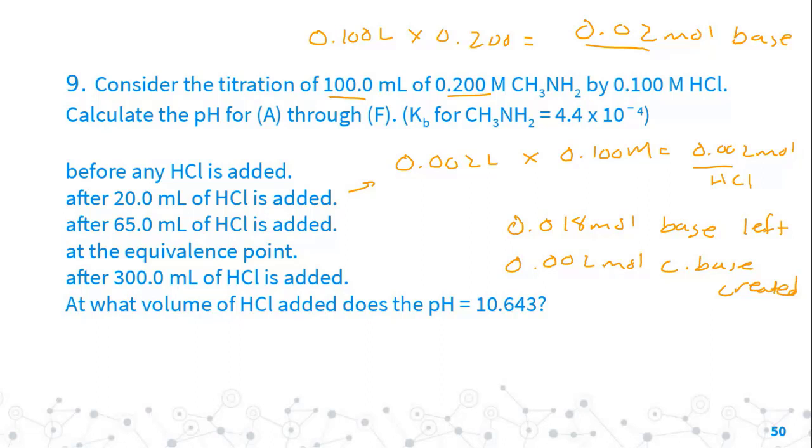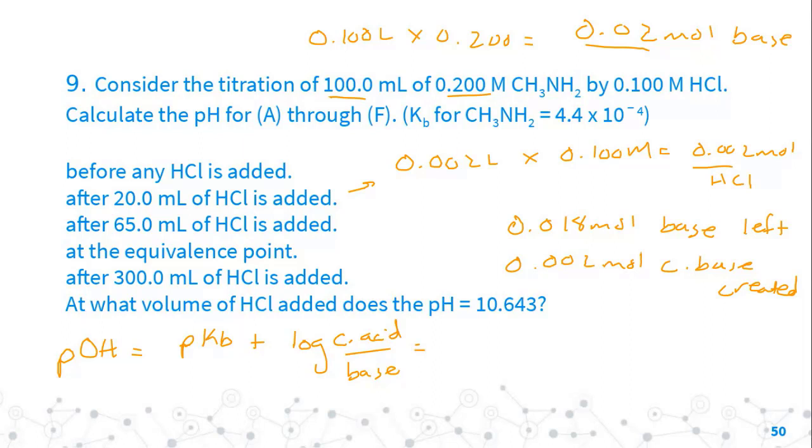Okay, so when we do the Henderson-Hasselbalch equation, because we're doing weak base, strong acid, here's an alternate version of the Henderson-Hasselbalch for pOH. I'm going to show you two ways to do these kinds of questions. All right, so we have pOH. That means we're going to do pKb plus log of the base over the conjugate acid.